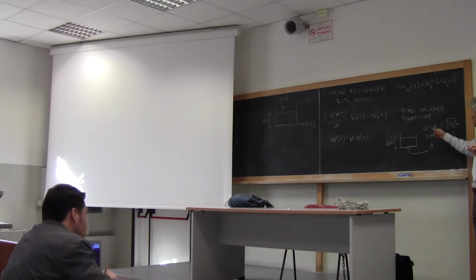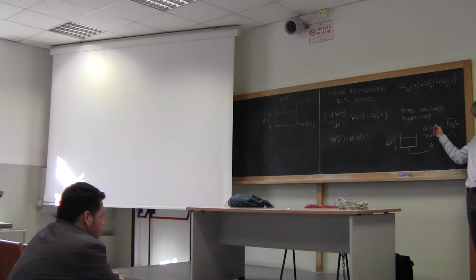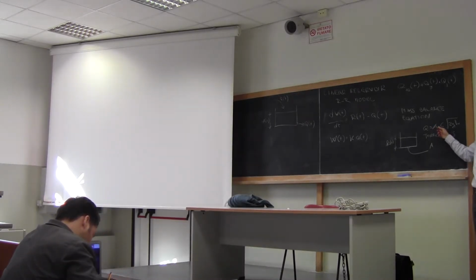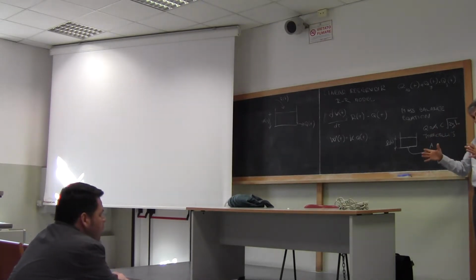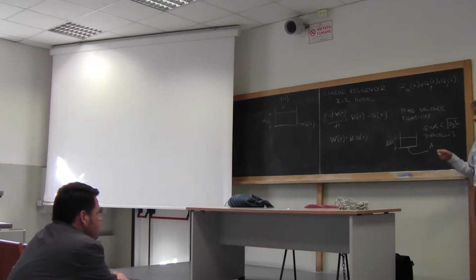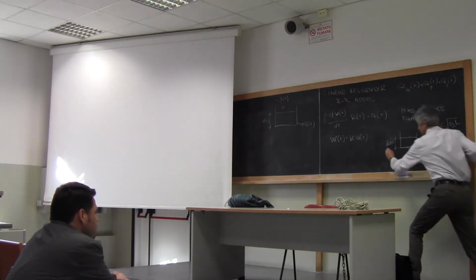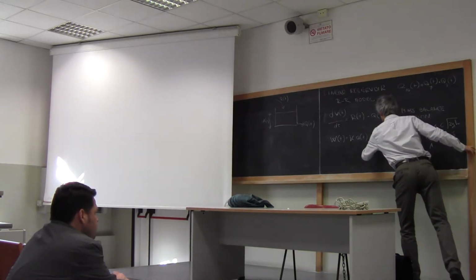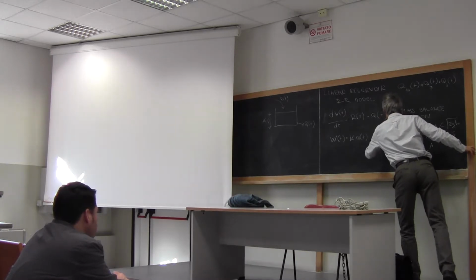The discharge is given by A, the area of the hole, times a reduction coefficient, which is very close to 1, times the square root of 2 times g times h. And let's not forget that h can be written as a function of W.